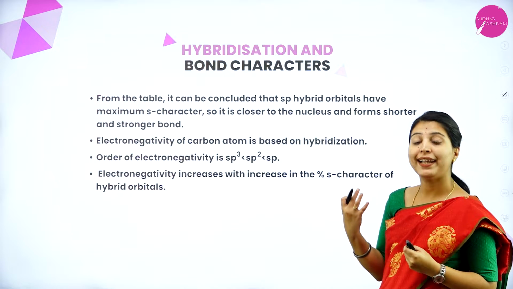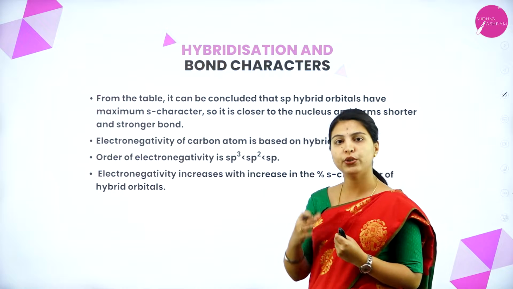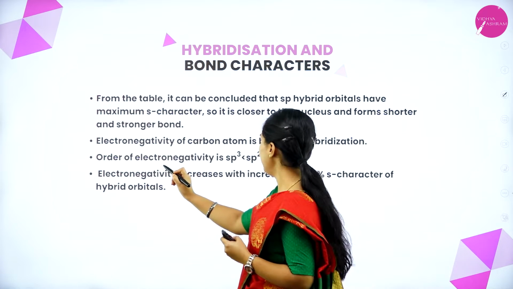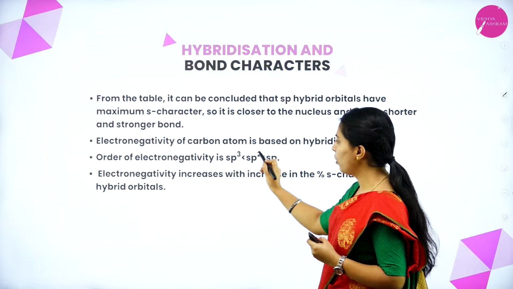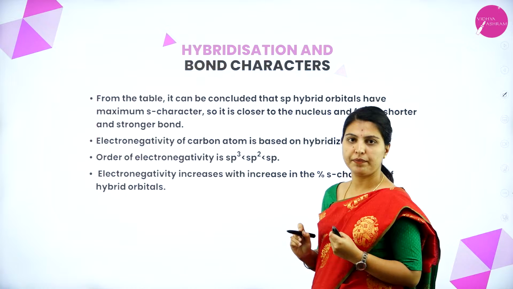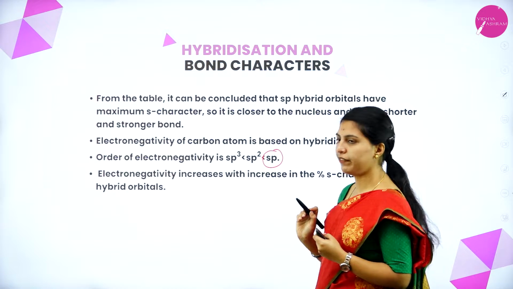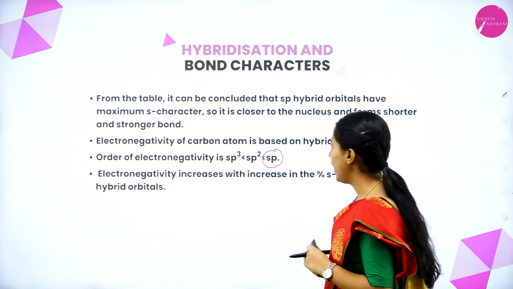It is more in sp hybridization because sp is near to the nucleus. It forms shorter and stronger bonds. See here, the order of electronegativity is sp more, sp2, and sp3 is least. That's what we told: this is near to the nucleus, that's why electronegativity is more, and this has less electronegativity.